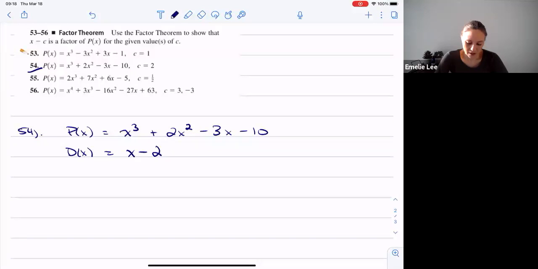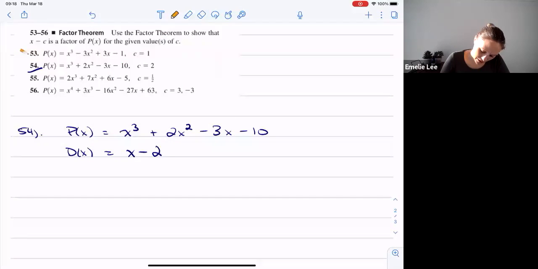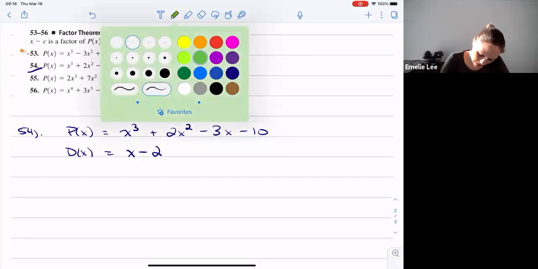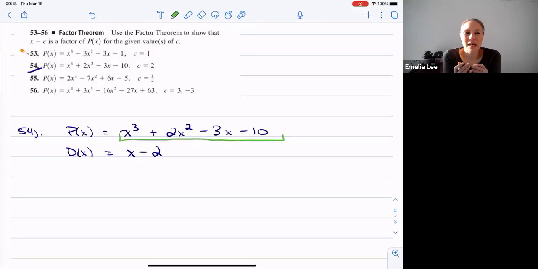Okay. So what we have to do here is we need to do some long division. One thing that I want to point out, because it's going to come up later today, is we need to make sure that starting from the highest power of X, we have powers of X for every decreasing value.